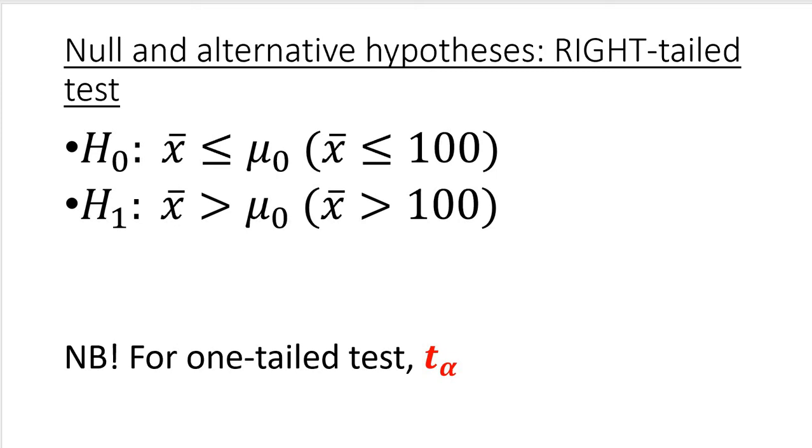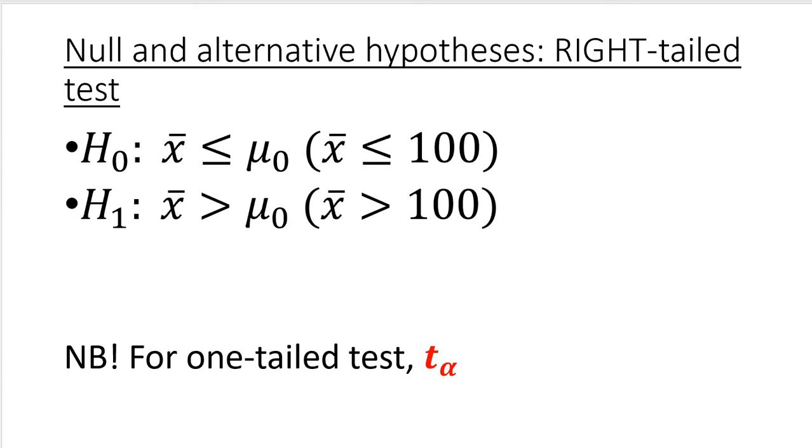This time we are going to analyze only the right tail of the distribution. So we are interested in whether the average score is bigger than 100. We are not interested in the left tail, but in the right tail only. That's why this kind of one-tailed test is called a right-tailed test.